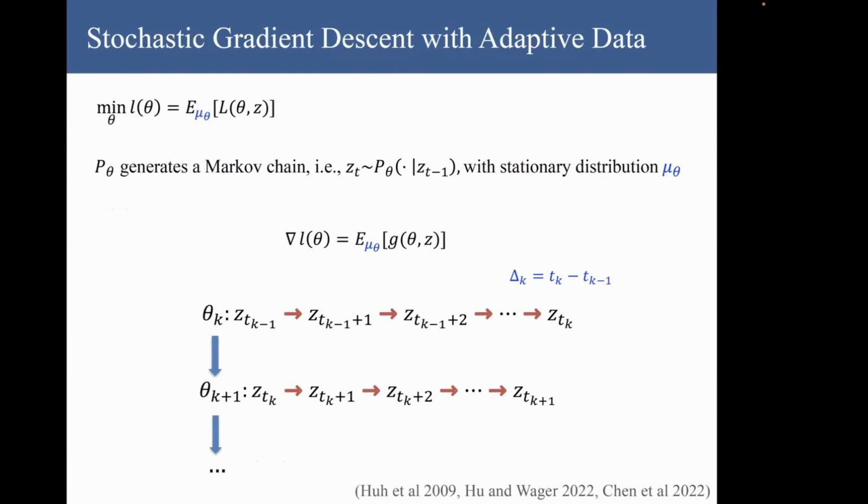fixing the policy and running the Markov chain for a long enough time such that it gets close enough to stationarity. So if I fix the policy at iteration k, at theta k, I'm going to run the Markov chain. Now this is a time homogeneous Markov chain. And hopefully by having a large enough batch size, the Markov chain towards the end of this period is going to be close enough to stationarity.